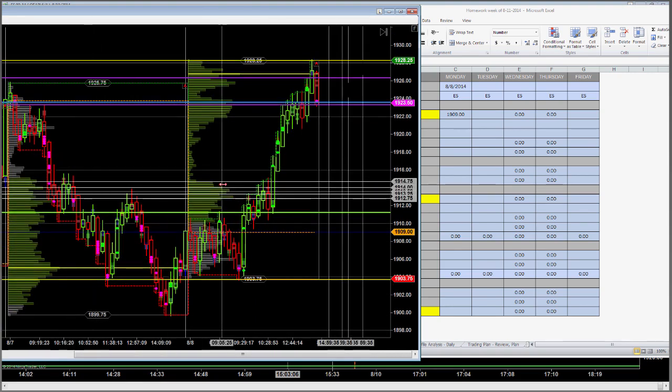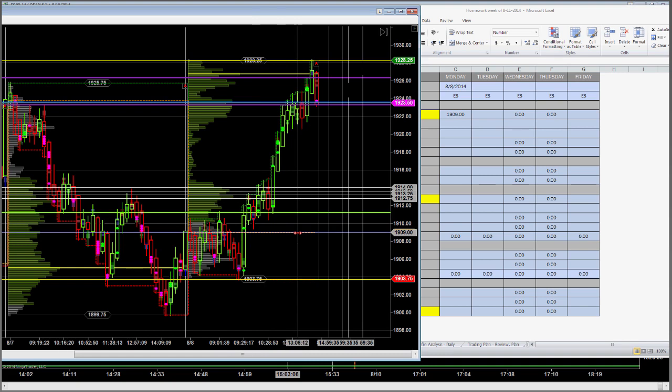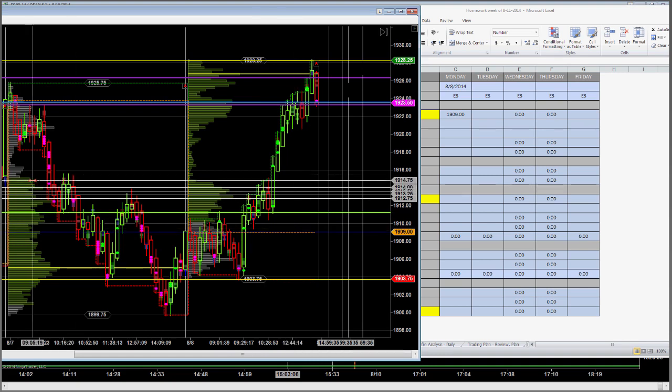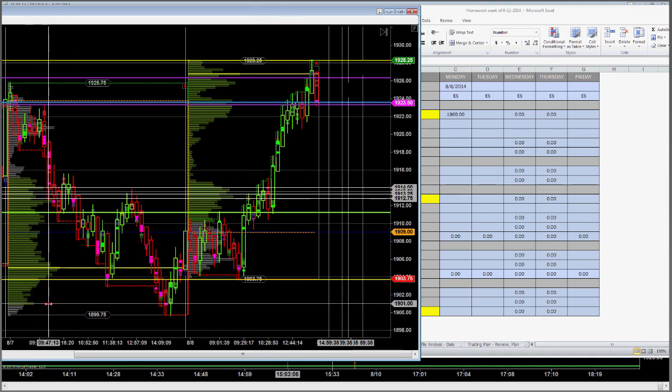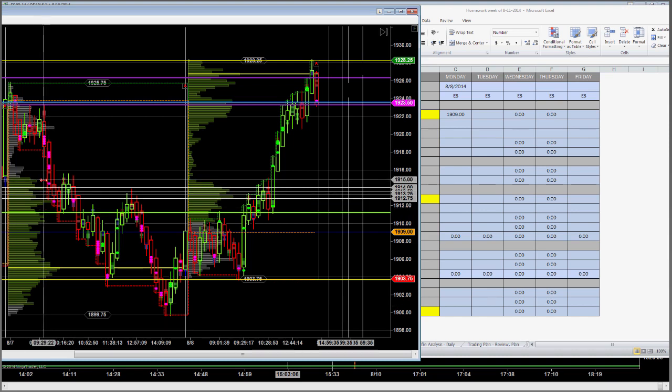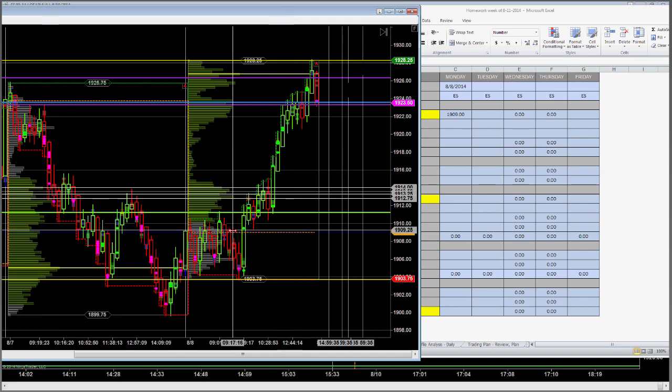So as I look at the previous day and I'm looking at our open here, what I'm trying to determine is, here's our value from here to here. Did it open up in value and in range? And the answer is yes. It opened up in value and inside of range.